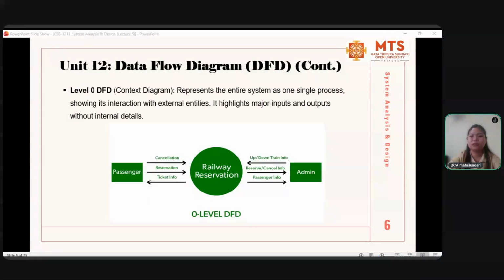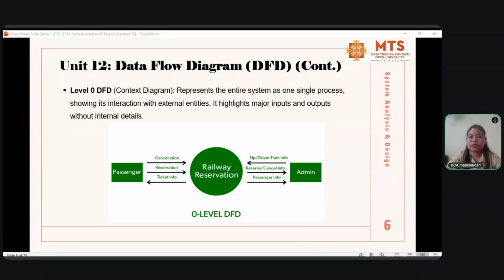Now see this. Here, data flow diagram Level 0, which is also known as the context diagram, represents the entire system as one single process. In a brief way, it shows the flow of data within the system.